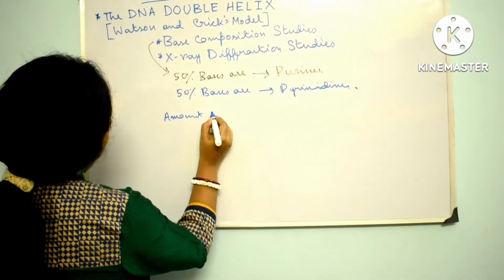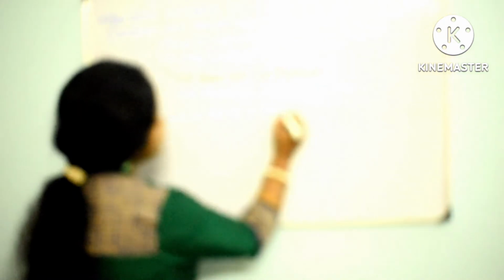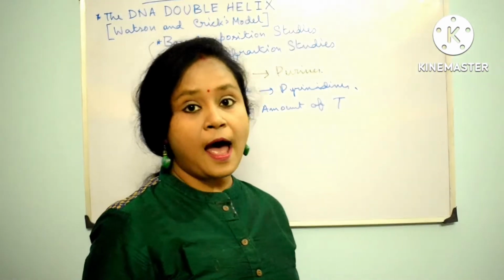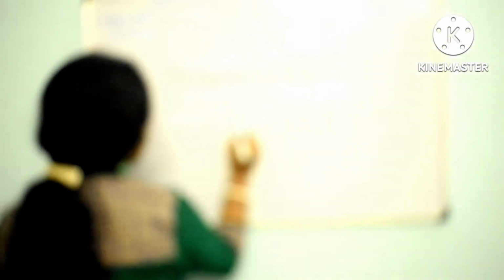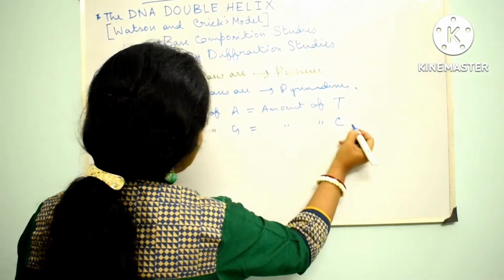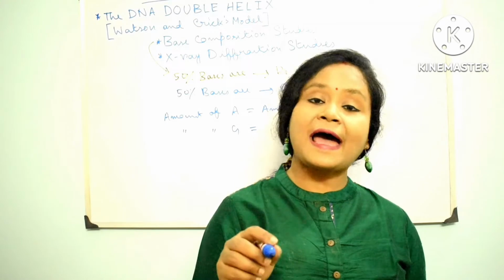The amount of adenine equals the amount of thymine and the amount of guanine equals the amount of cytosine. These equivalences are known as Chargaff's rule.